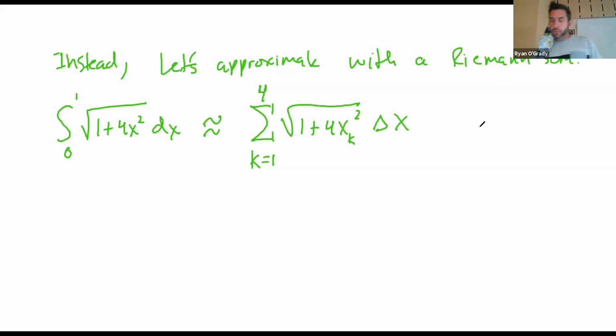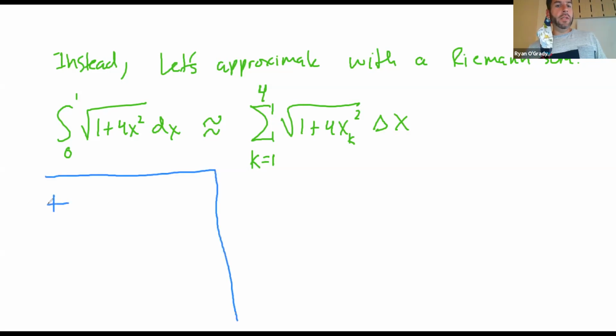So let me remind you, you're going to have to take your mind back to Calc 1. What are these x sub k's? Well, remember, if we start with the interval 0 to 1, I want to break it into 4 pieces. That means this becomes 1/4, 1/2, 3/4.